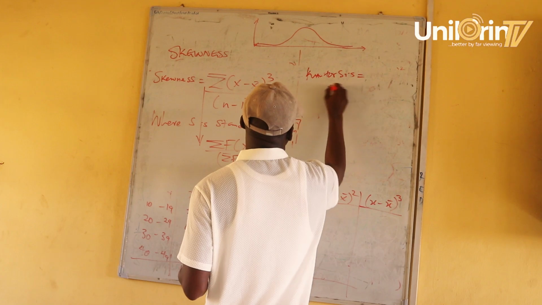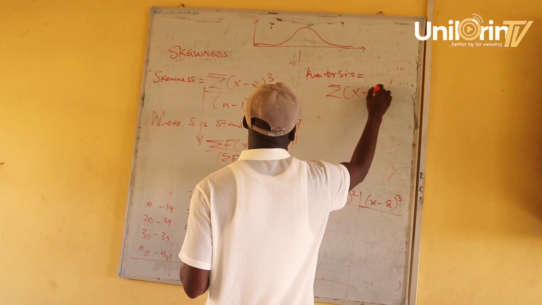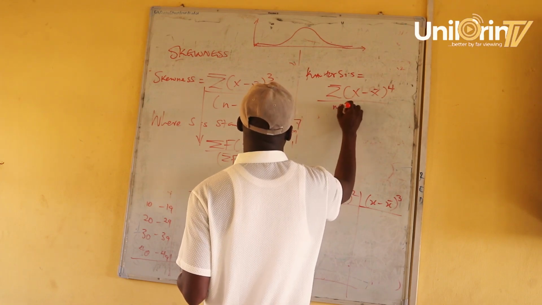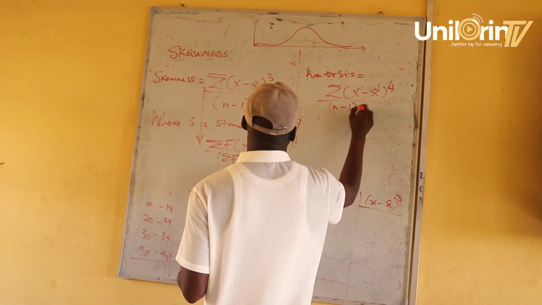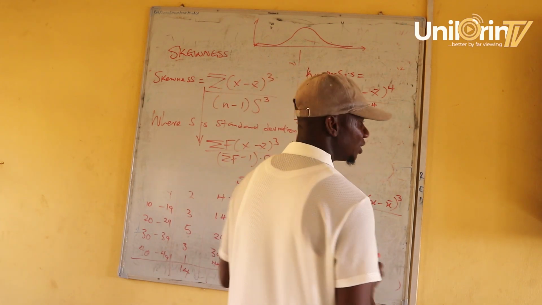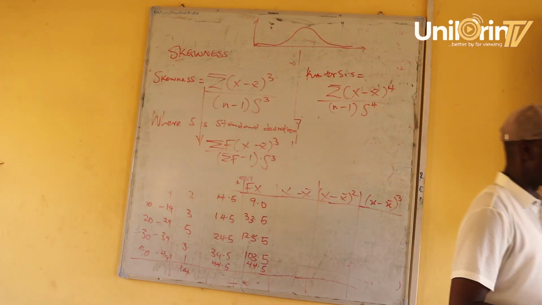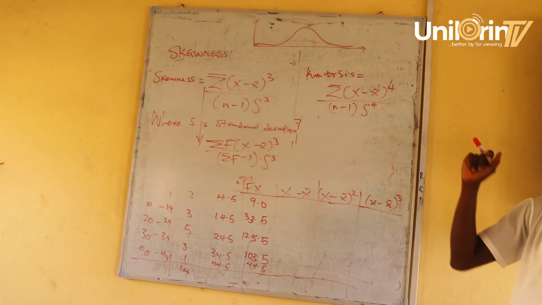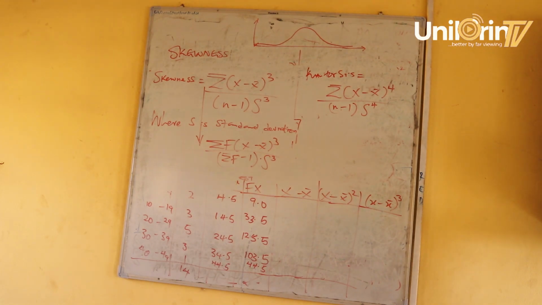Kurtosis is the summation of x minus x bar raised to the power 4 over n minus 1 times s raised to the power 4. And if it is frequency observation, it is summation f times x minus x bar raised to the power 4.